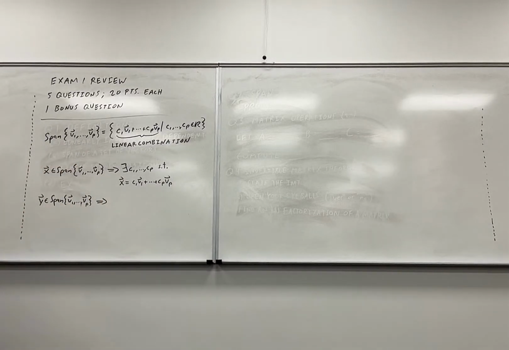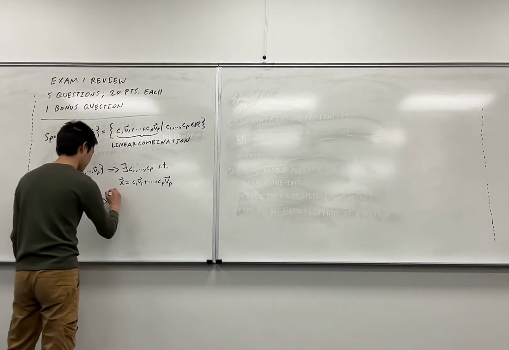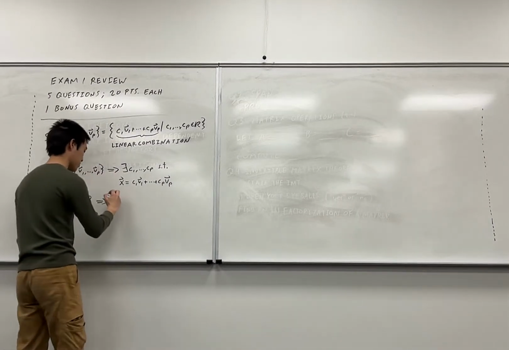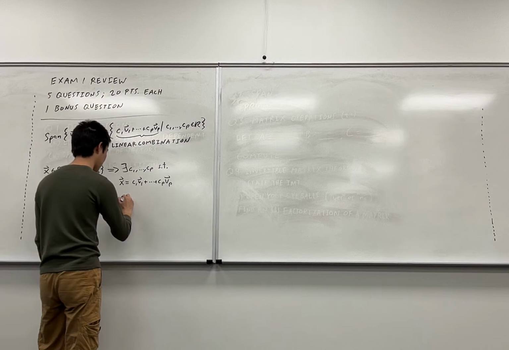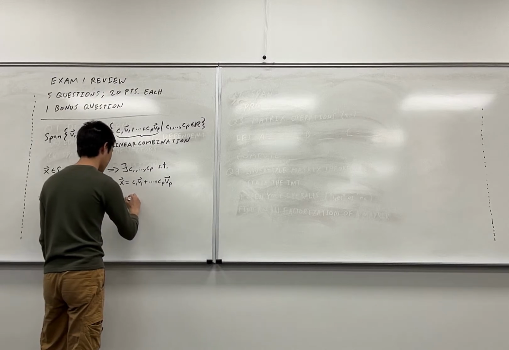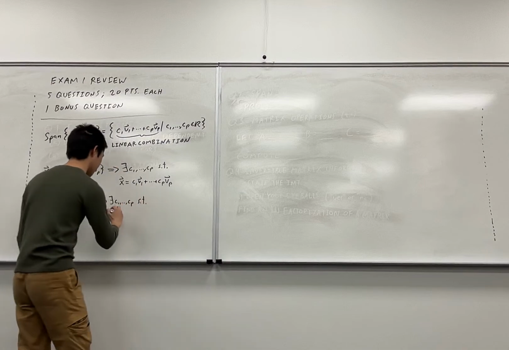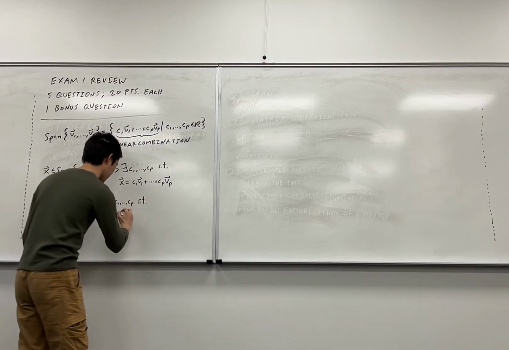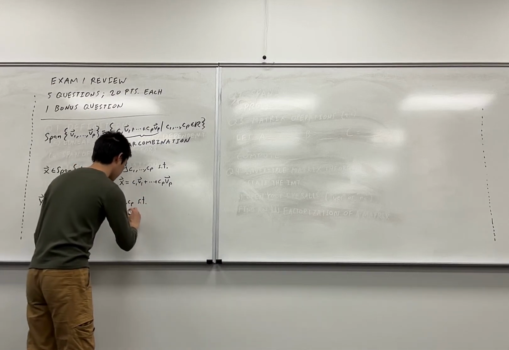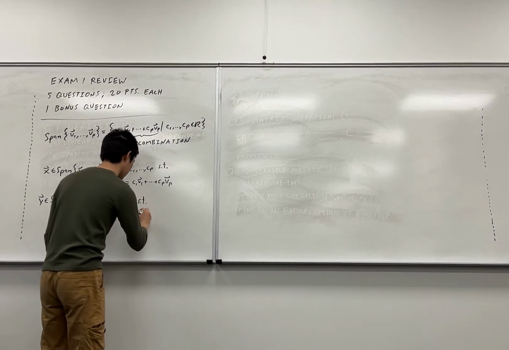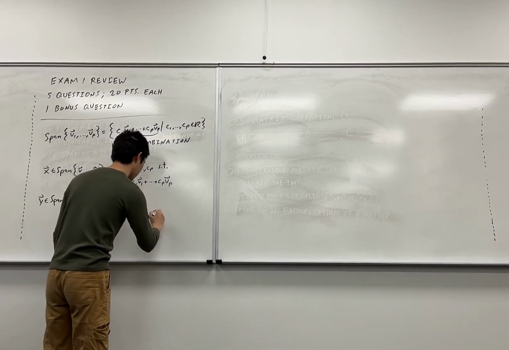There exist weights such that y can be written as a linear combination of the vectors. Did everybody hear Rebecca there? What did Rebecca say? That there exist weights such that y can be written as a linear combination of v1 through vp.